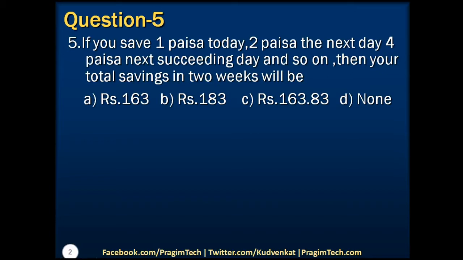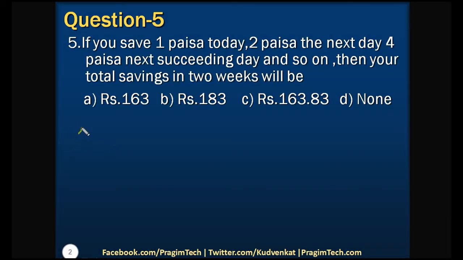From the question we can understand that the savings are in geometric progression. According to the question, the first term is the savings on the first day, which is 1 paisa. So we can write A is equal to 1. The common ratio R is given by 1 paisa the first day, 2 paisa the next day, and 4 paisa the next succeeding day.